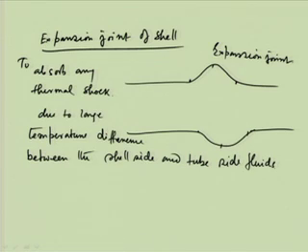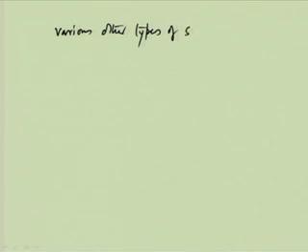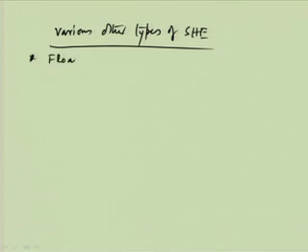Now, apart from this, already we have discussed the various other types of shell and tube heat exchangers. Typically, already we have discussed, is called floating head. Then we can have one with a U bundle.